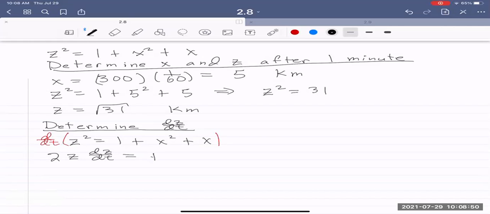Derivative of x squared is 2x dx/dt. Derivative of x is dx/dt.